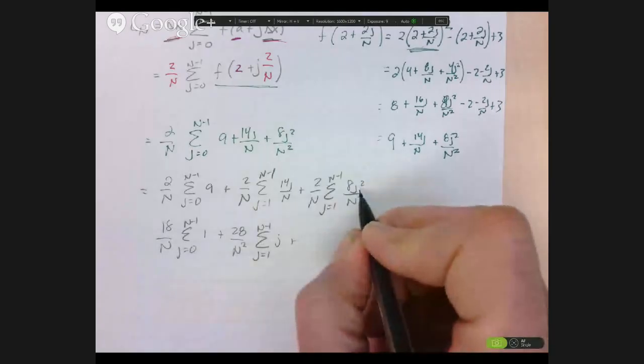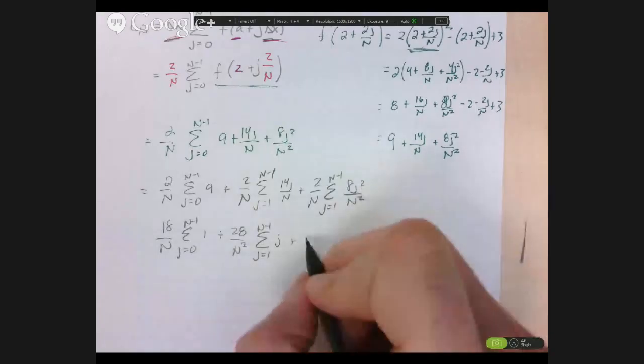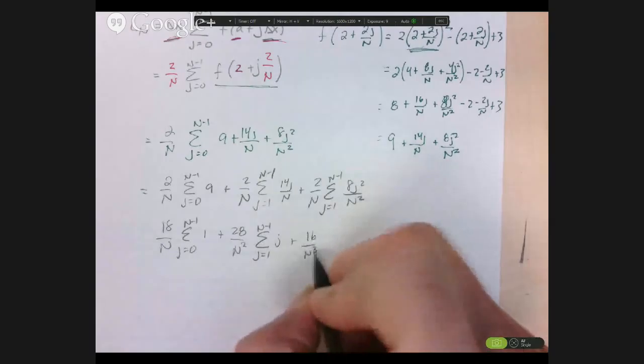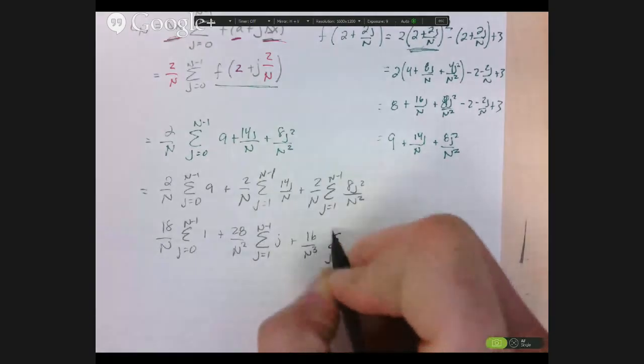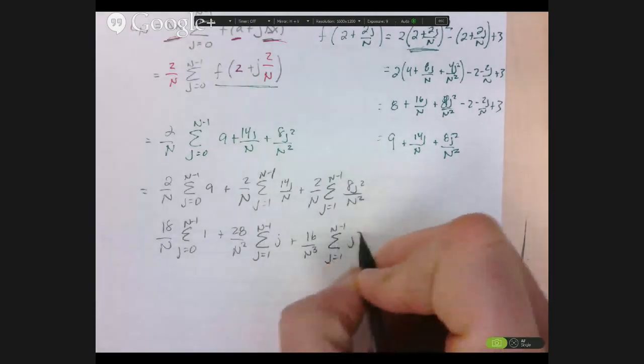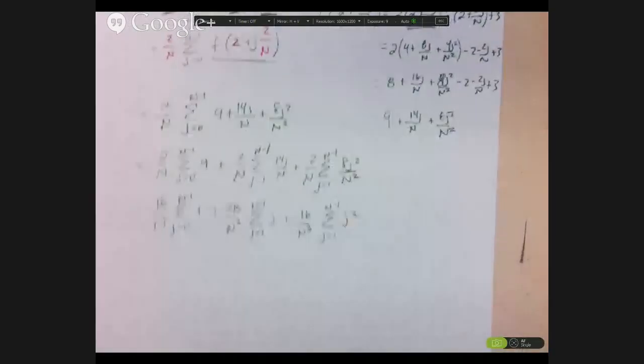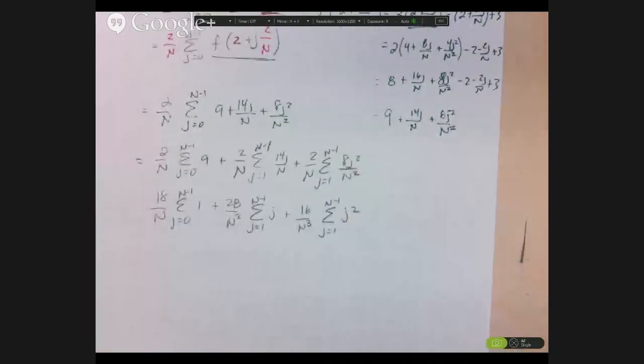This would be 16 over n cubed. Starting to fall out. It's just a lot of algebra.